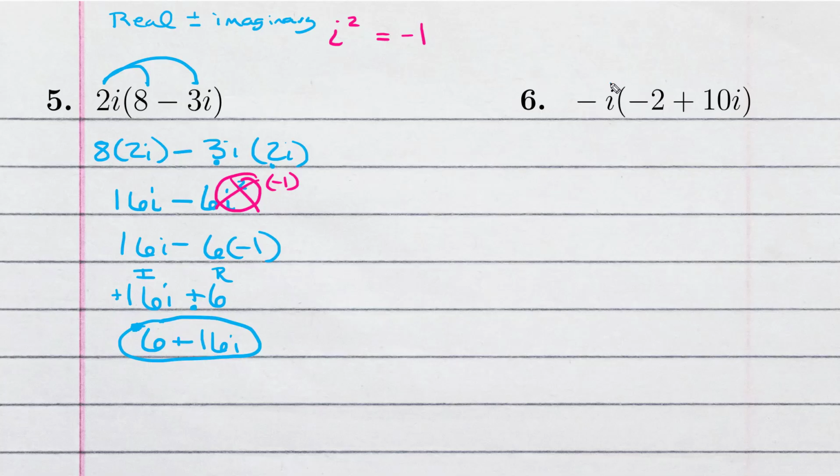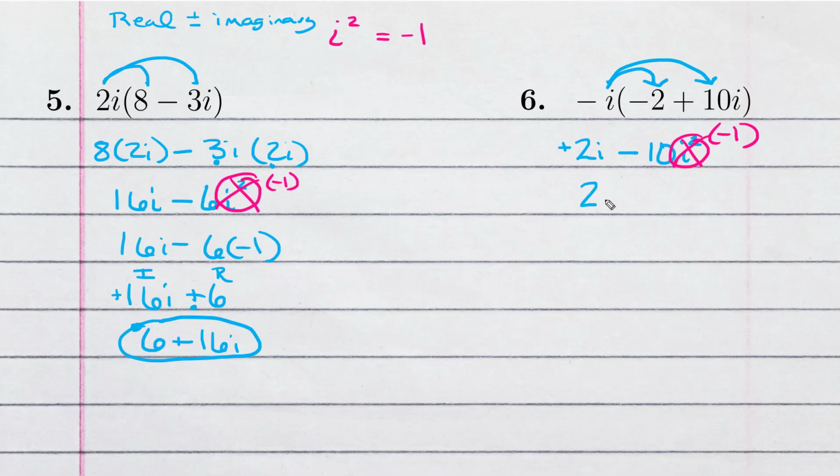So let's do number 6. We're going to distribute a -i to both pieces. Negative times a negative makes it a positive 2i. Negative times a positive makes a negative 10i squared. So that i squared showed back up. Anytime we see an i squared, it becomes -1.